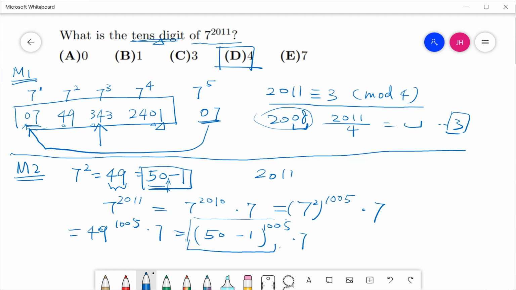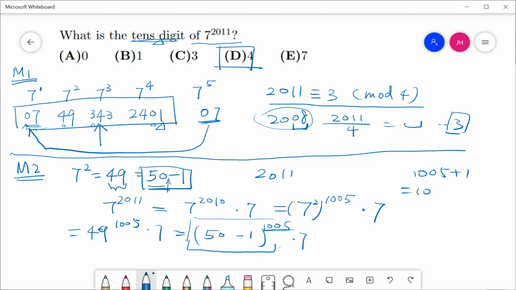The higher powers will just have a lot of zeros on the ones and the tens and the hundreds and so on. So we just pay attention to the last few terms, right? We know the exponent is 1005, so there have got to be 1005 plus 1 terms when we expand this by binomial expansion. Therefore, we just look at the last 2 terms.